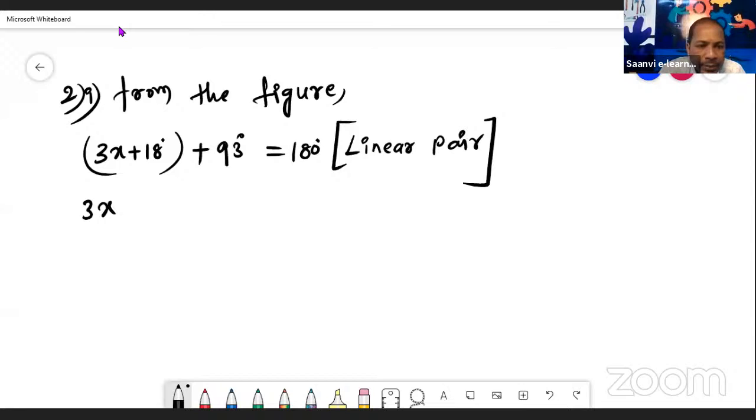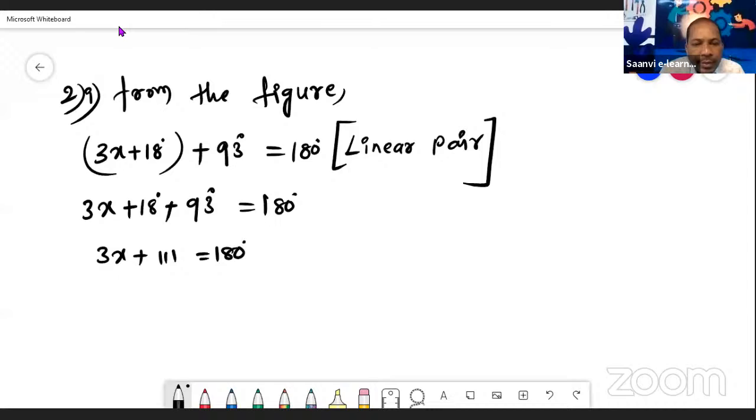We can find it easily: 3x plus 18 degrees plus, removing the bracket, 93 degrees, is equal to 180 degrees. So 3x plus 18 plus 93. How much do we get? 3 plus 8 is 11, 10, 11, triple 1. That is equal to 180 degrees.